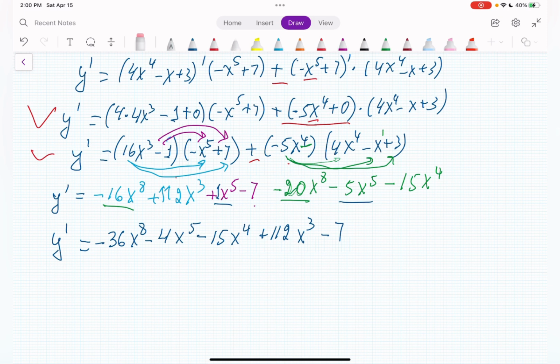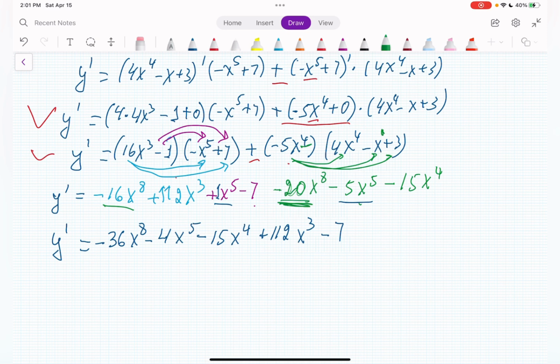Okay, now let's do the second multiplication. We are going to multiply this by this. Negative 5 times 4 is negative 20x to 8, okay, and this is going to be negative 5x to 5, correct? 4 and 1, you add, you get 5. And this one is going to be negative 15x to 4.